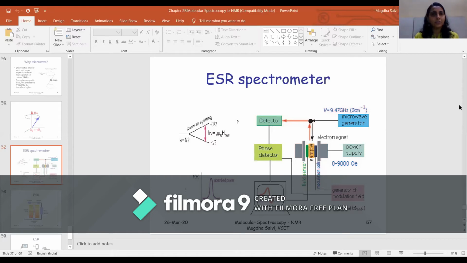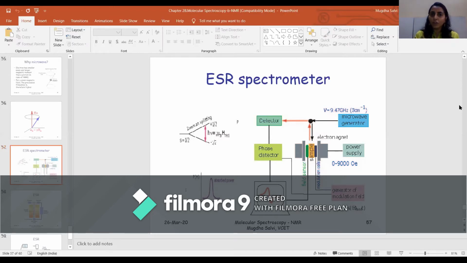Now, both of them have the same basic operating principle: there is a magnetic field in which that electron or nucleus will spin and precess. We have to find out a resonance condition for them.